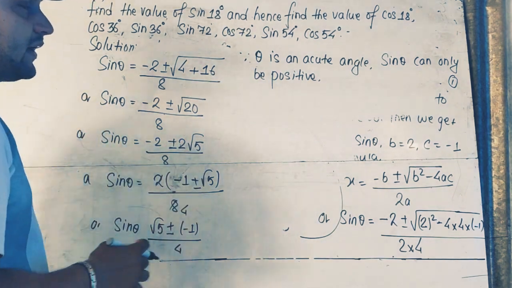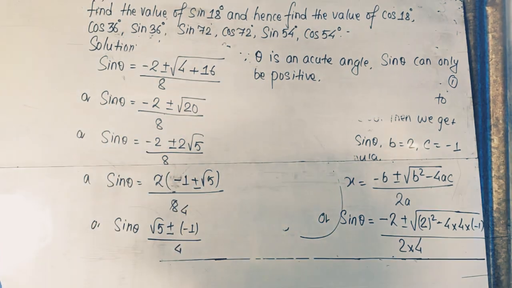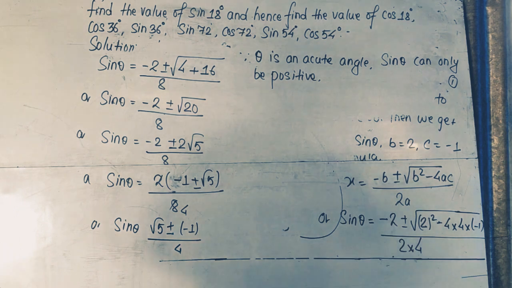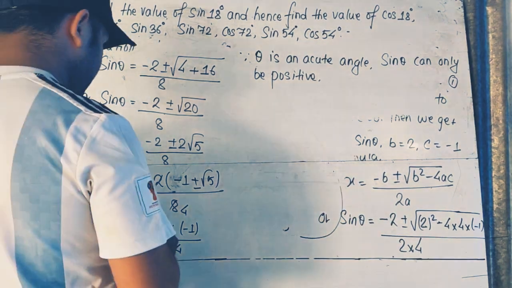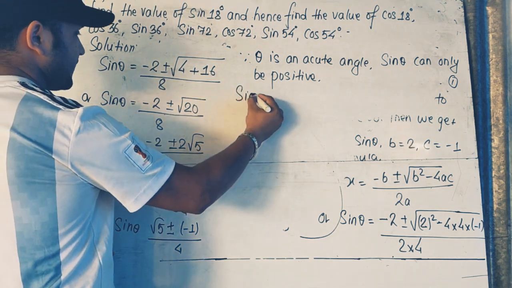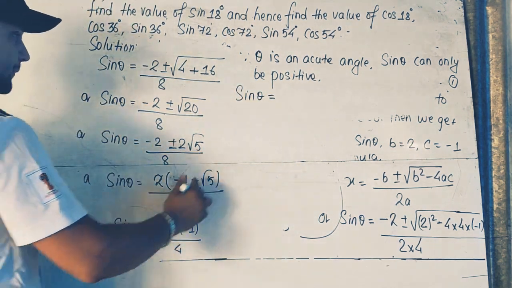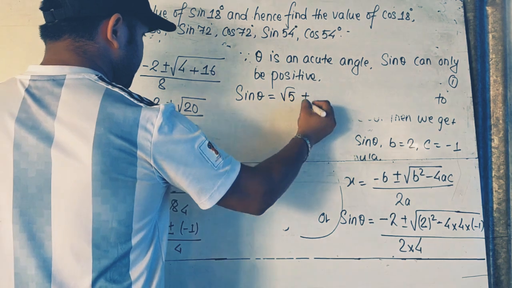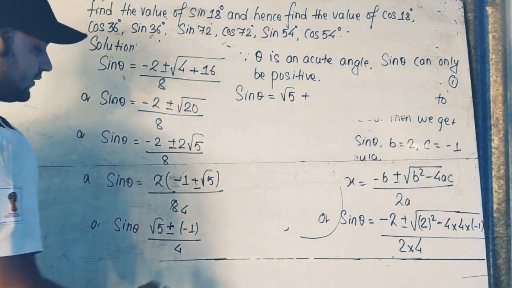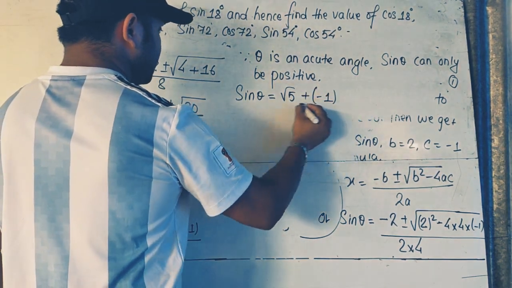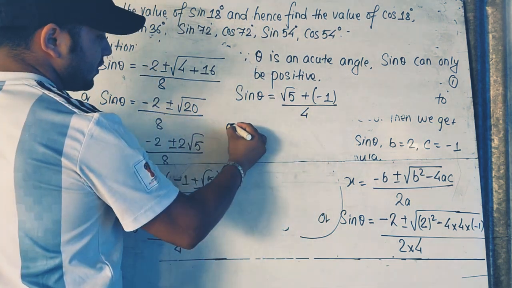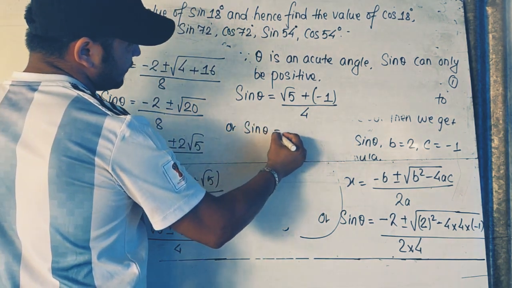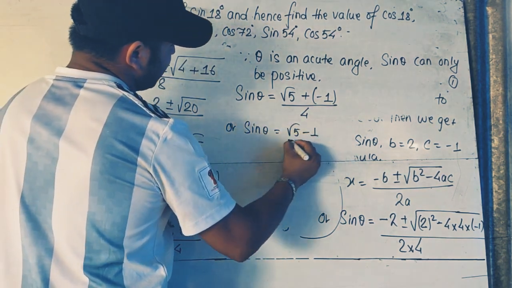Acute angle means the angle lies in the first quadrant, and the numeric value of sine theta in the first quadrant is always positive. So we'll take only the positive sign. So we have sine theta equals root 5 plus, we have taken the positive sign, minus 1 divided by 4, or sine theta equals root 5 minus 1 divided by 4.